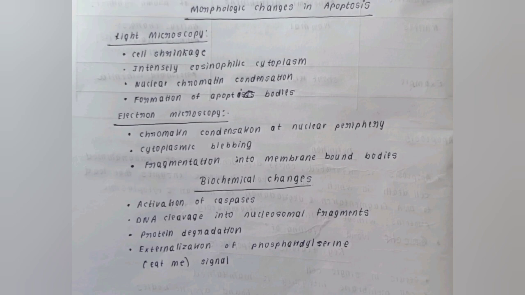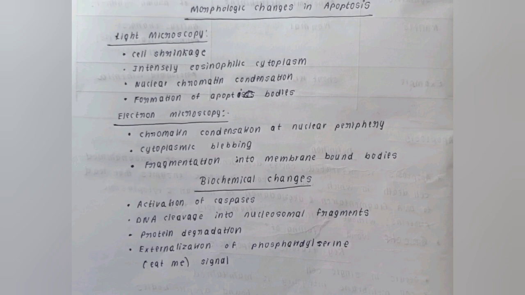So identifying apoptosis, when you want to see it, there are a few methods, like electrophoresis can be done. You can see the broken fragments in a step ladder pattern here. And there is something called annexin V, which binds to the phosphatidylserine. If it binds to the phosphatidylserine, then you can say apoptosis is positive, because normally it cannot bind because it is present inside, but in apoptosis it has come outside, so it will bind to it.